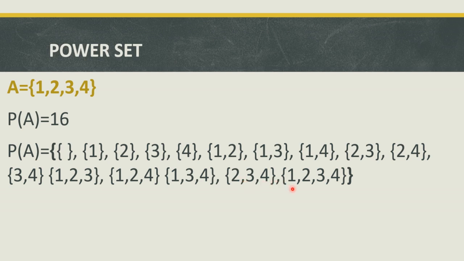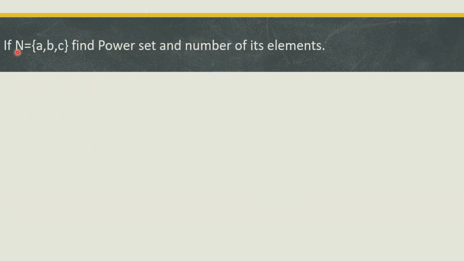Let's take another example. If N is a set of alphabets A, B and C, find the power set and the number of its elements. Again, first we find the number of elements. We write power set of N, and in the bracket we write N because the name of the set is N. The formula is 2 to the power n.